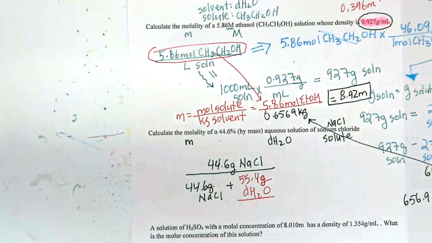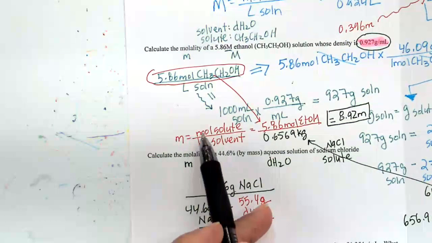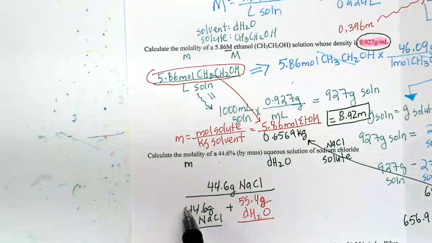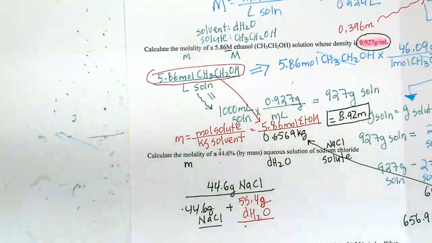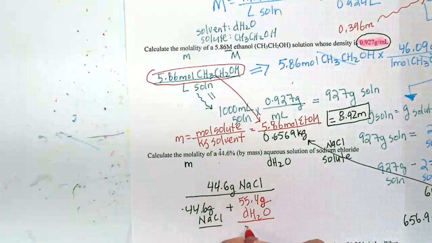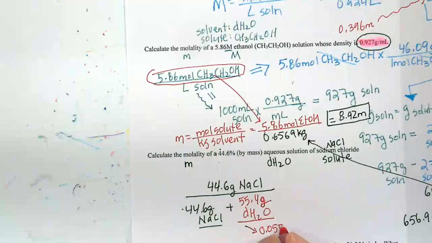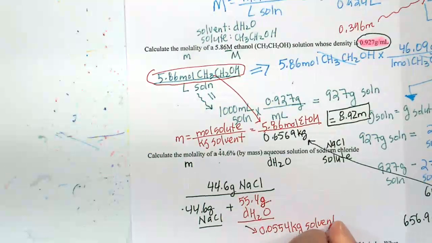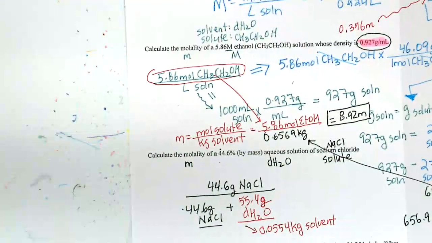This is our solute. What is molality again? Okay, by definition, molality is moles of solute, so we'll convert this to moles, over kilograms of solvent. Okay, what is this in kilograms? We'll move the decimal places 3 to the left, I'm sorry, and what is that? 0.0554 kilograms of solvent, which is water. And what is the moles of solute?